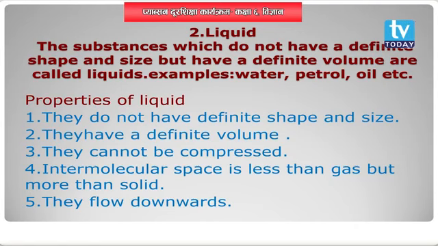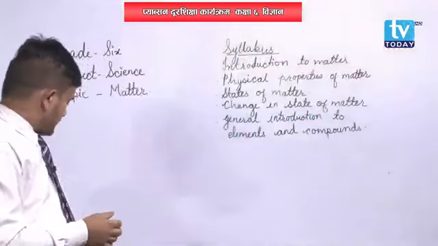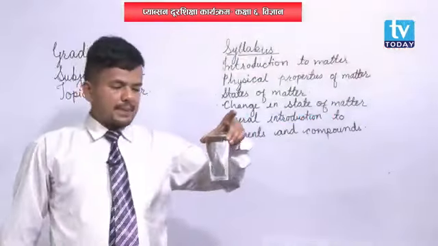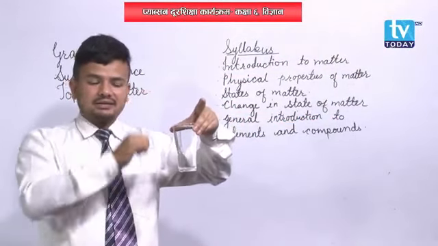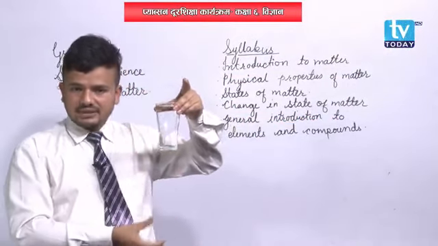What are the properties of liquid then? Liquids do not have definite shape and size, but they have definite volume. They take the shape of the container. See, when you pour the water inside the glass, the water takes the shape of the glass.